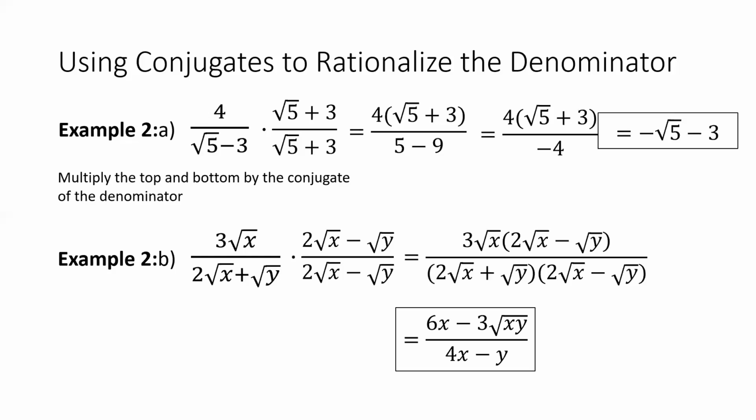My top doesn't simplify a whole lot. The first thing comes out pretty nicely: 3 root x times 2 root x is 3 times 2 is 6, root x times root x is x, minus 3 root xy. And that's my final answer.